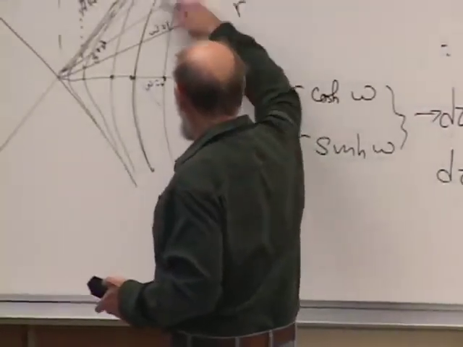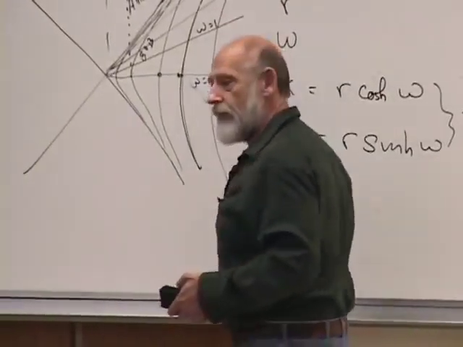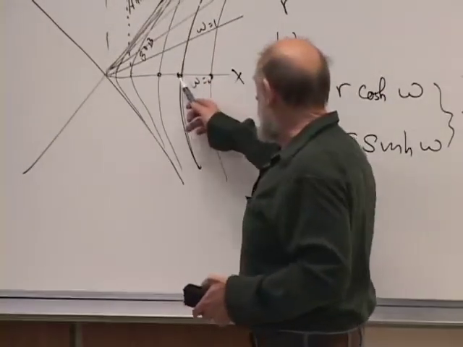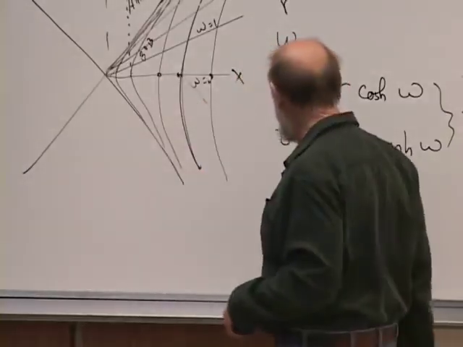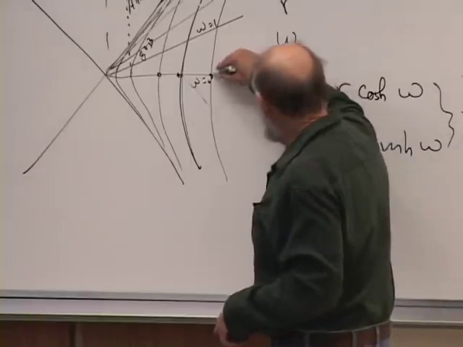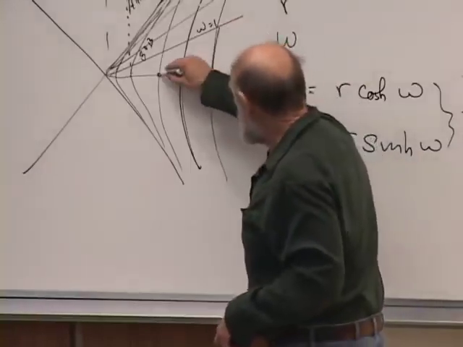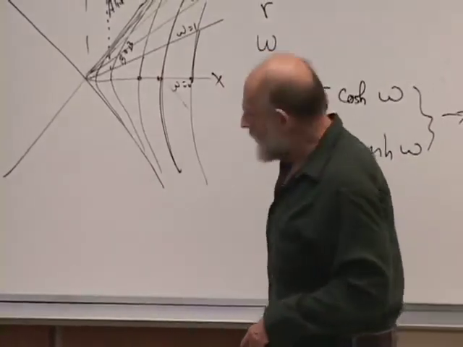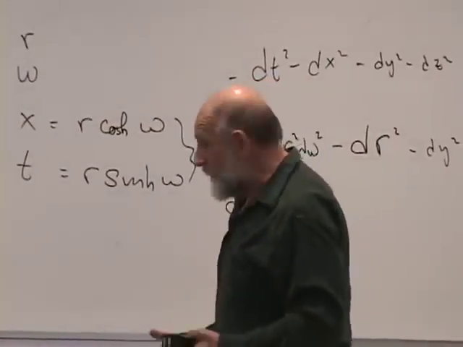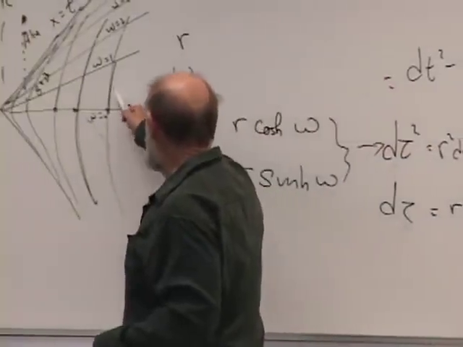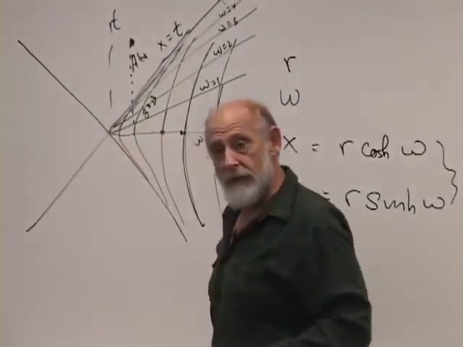You can imagine clocks which are built to tick off omega. You'd have to have them built differently at each point, but so let it be. For example, the proper time between here and here is longer than the proper time between here and here. So if we wanted clocks which read off omega, each one would have to run at a different rate.